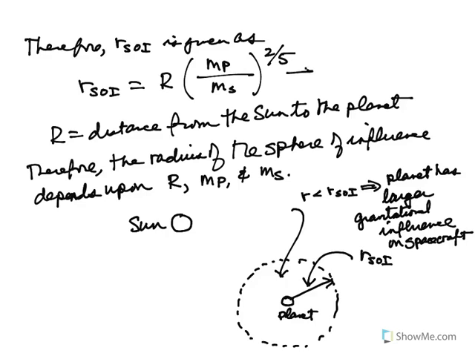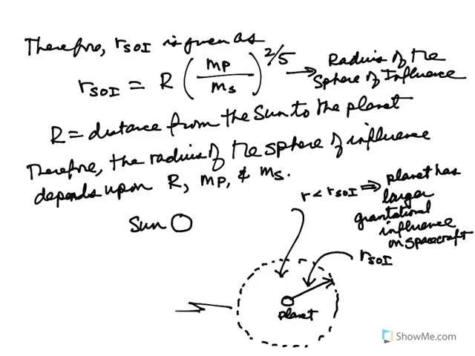So this is what's called the radius of the sphere of influence. And this little depiction here is the sphere of influence, which I've depicted in 2 dimensions because I'm not going to draw it in 3 dimensions, but that's the basic result.